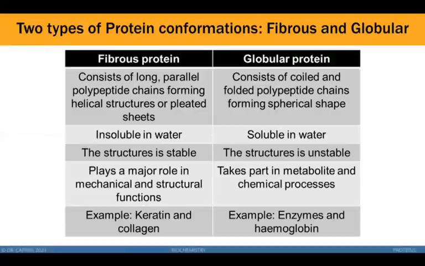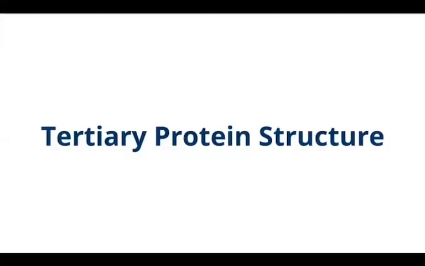Globular proteins consist of coiled and folded polypeptide chains forming a spherical shape. They are usually soluble in water. The structure is less stable compared to fibrous protein, and it takes part in metabolic and chemical processes. Examples of globular proteins are the enzymes and the globins, myoglobin and hemoglobin.